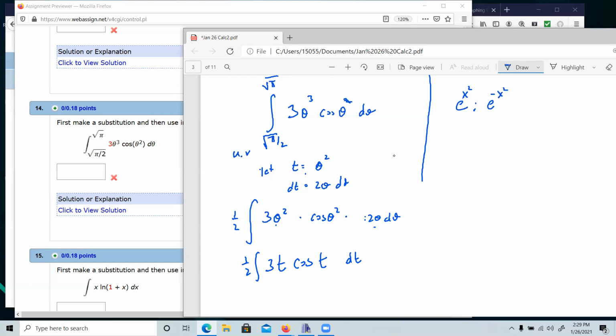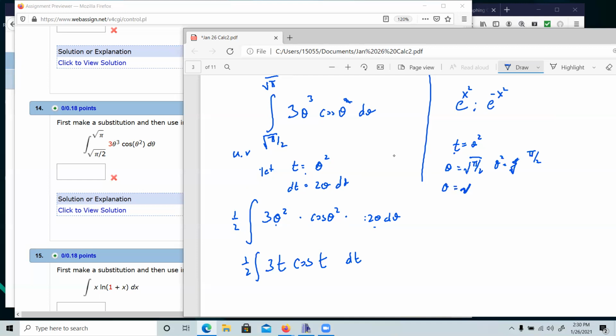Now we have integration limits. If t is equal to theta squared, and theta is equal to the square root of pi over 2, what's theta squared equal to? No more square roots, just pi over 2.